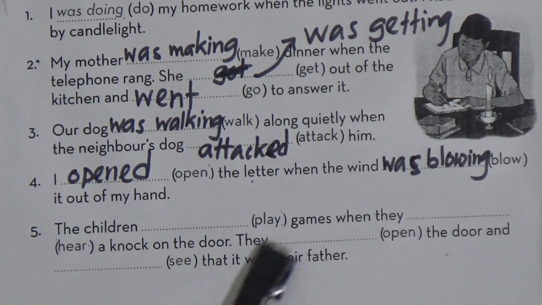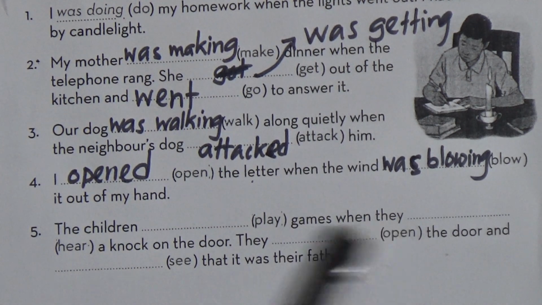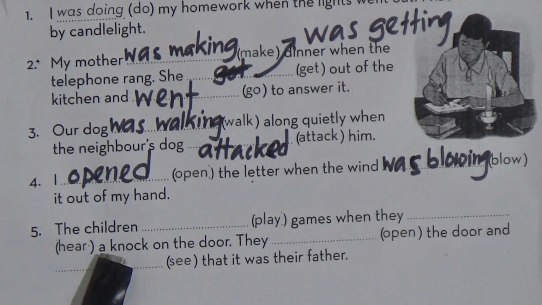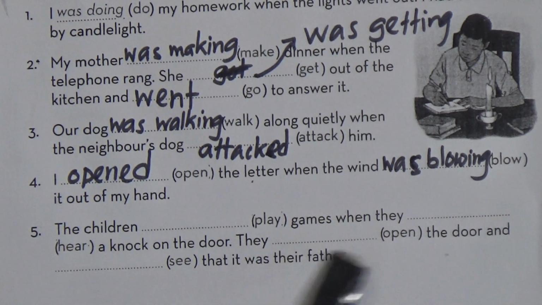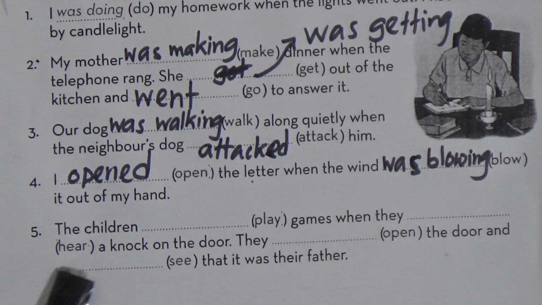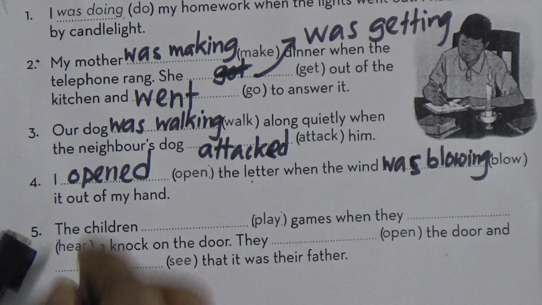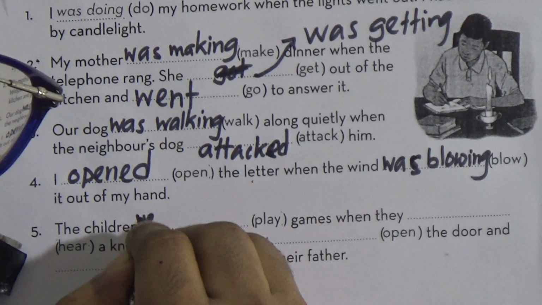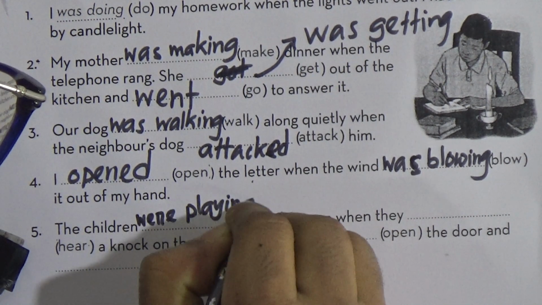The children were playing games when they heard a knock on the door. They opened the door and saw that it was their father. So the children were playing games. The children, many, that's why were playing, P-L-A-Y-I-N-G.